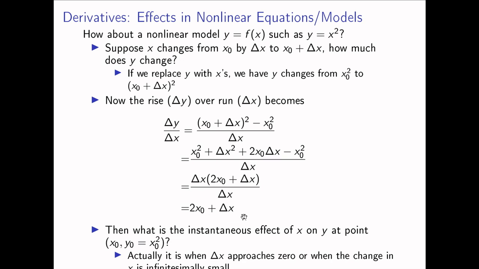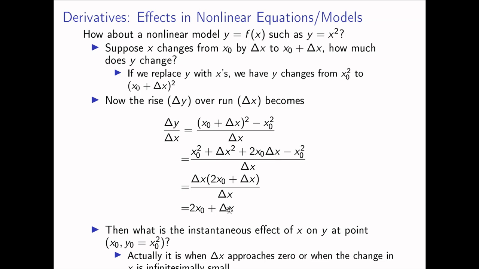As delta x approaches 0, that is an infinitesimal amount of change, at x0 and y0, the ratio of delta y over delta x at a point very close to x0 and y0 describes the association between these two variables at that point.